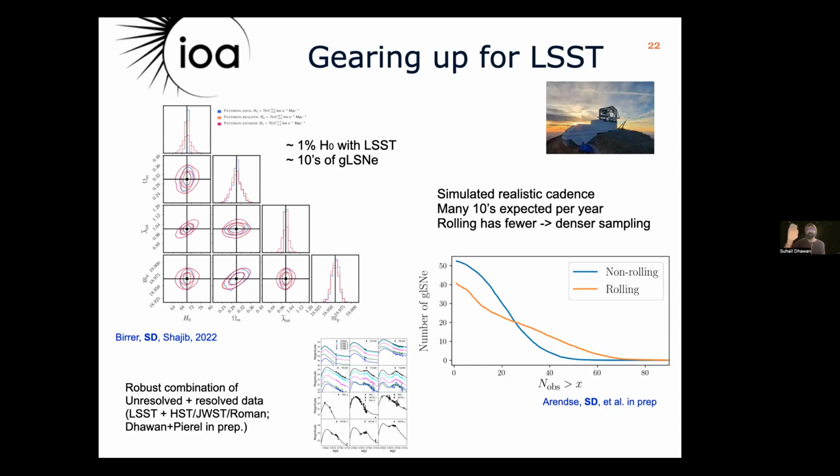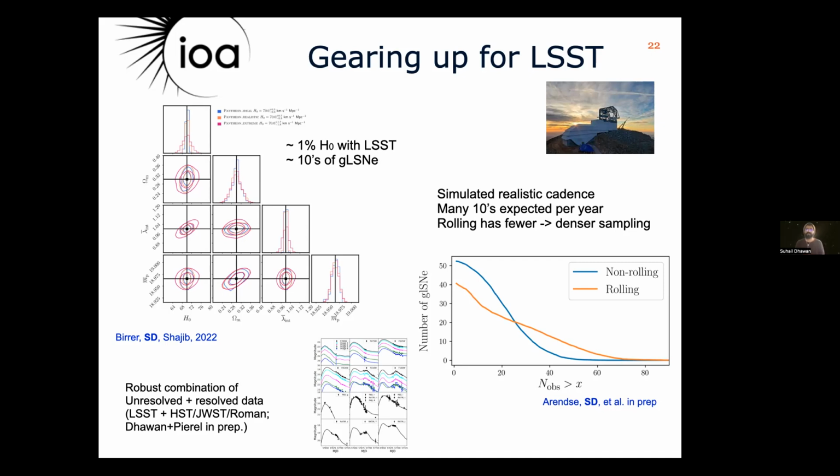We put the lensed supernova sources there, and even with all the problems with the weather and telescope downtime and things like that that we've simulated, we still expect a few tens per year which have good enough light curves that we can actually, in real time, say this is interesting as a lensed supernova, then get a spectrum and confirm it, and get the follow-up to get time delays. So the numbers look like we can actually do this.